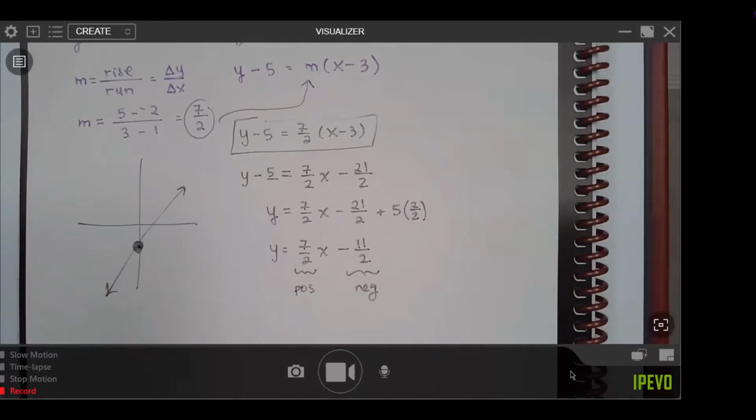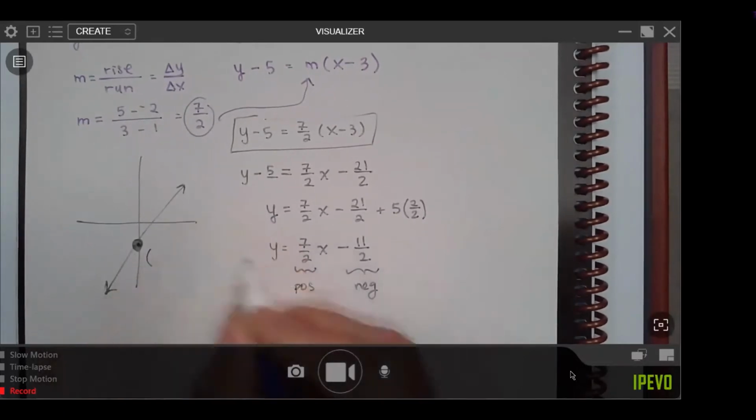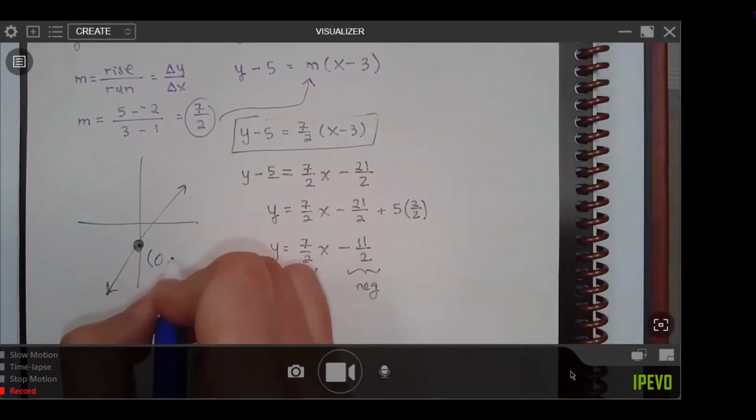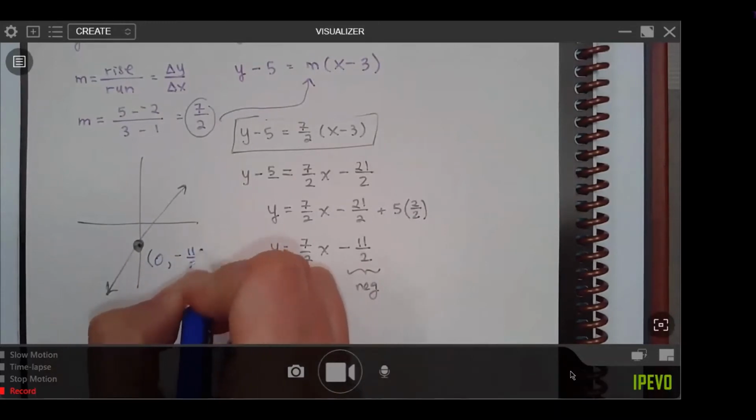What we do not have to do is draw a bunch of tick marks, or figure out how to make this thing to scale. What we do need to do is label the x and y intercepts. And that's all we need to get full credit. So that y-intercept, we already know is going to be (0, -11/2).